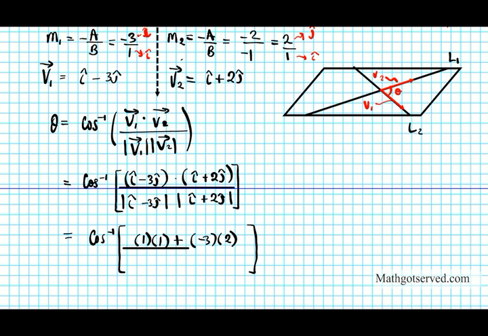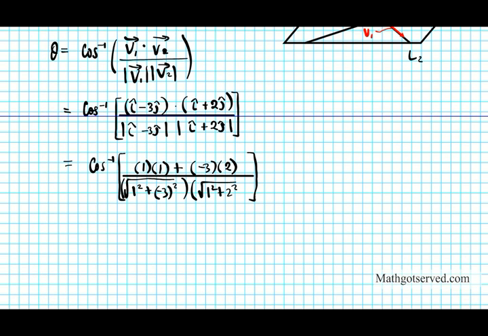Now in the denominator, we're going to use the Pythagorean theorem to find the magnitude of each vector. So we're going to find the square root of the sum of the squares of the coefficients of each component. So square root of 1 squared plus negative 3 squared. Okay? That's for the magnitude of v1. And for the magnitude of v2, the square root of the sum of the squares, 1 squared plus 2 squared.